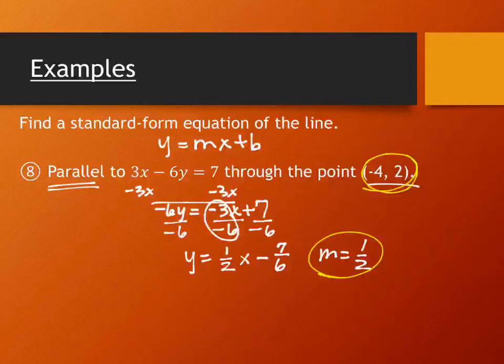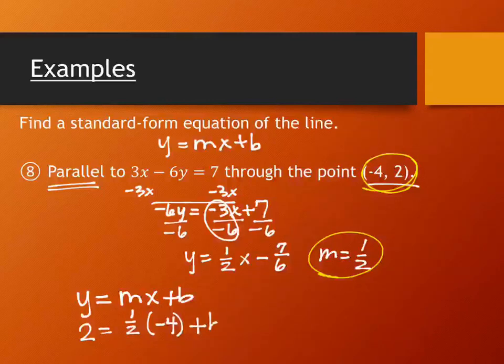Let's use the slope-intercept form of the line so you can see that process again. I know my slope, it's 1/2. I have a point x, y: y is 2, x is negative 4, and I can find b. So 2 on the left, what's 1/2 times negative 4? Negative 2, right? Yeah.